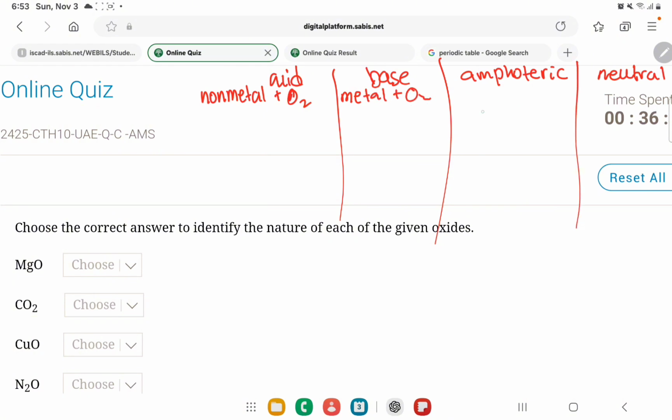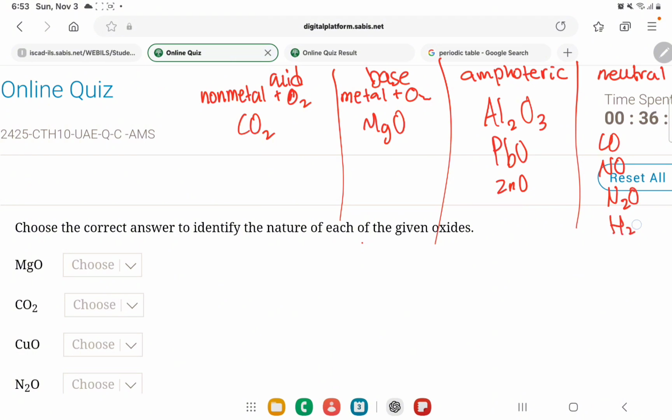Amphoteric, you have to memorize them. Neutral, you have to memorize them. So acid would be any like CO2, base, MgO, amphoteric Al2O3, PbO, ZnO, neutral CO, NO, N2O, H2O.